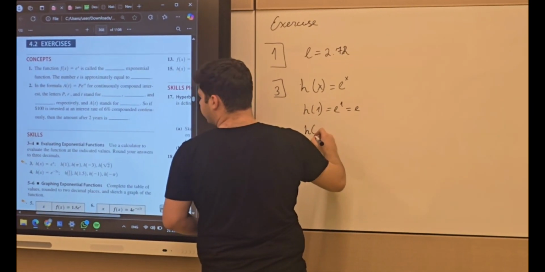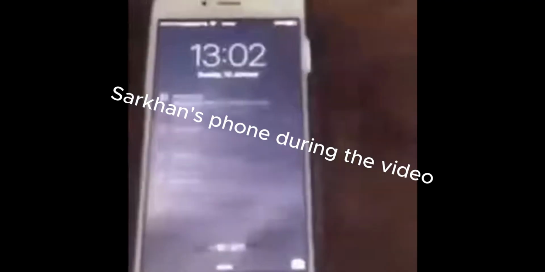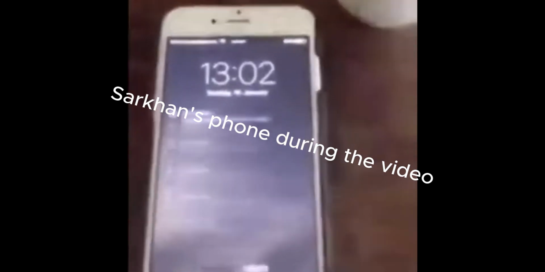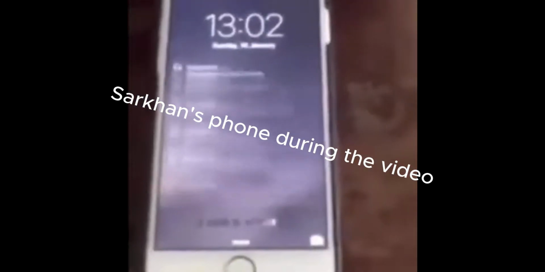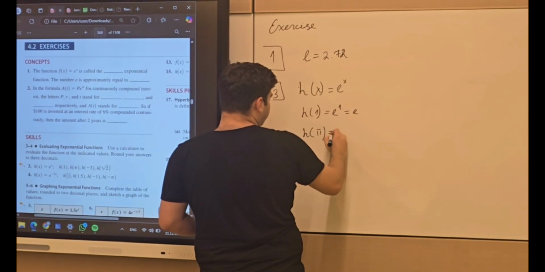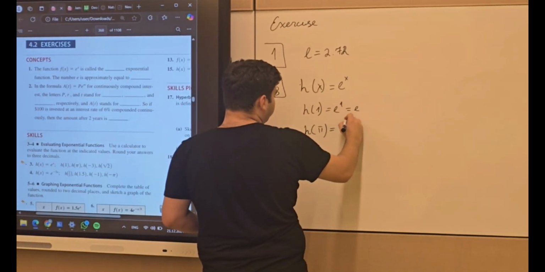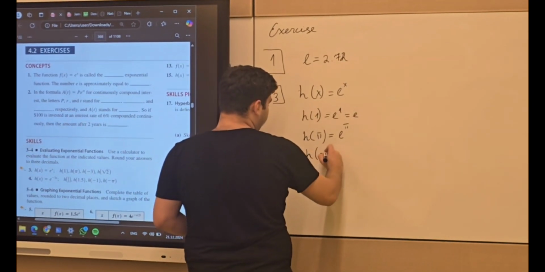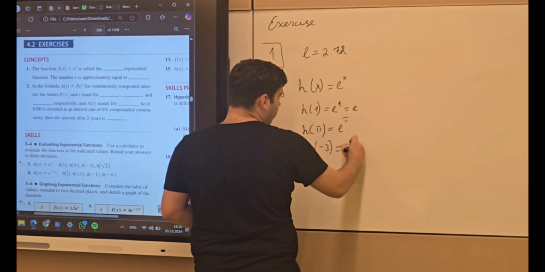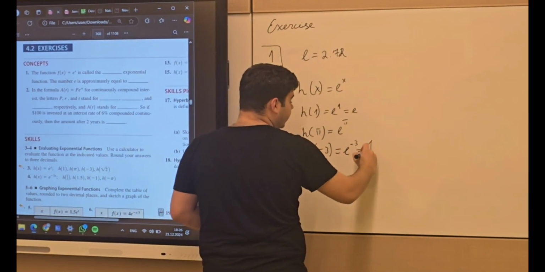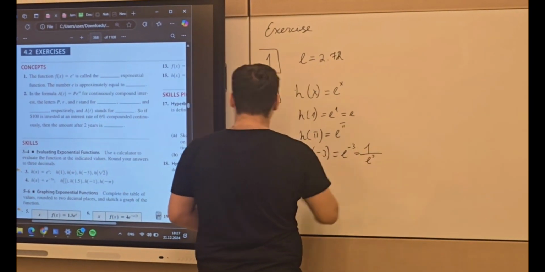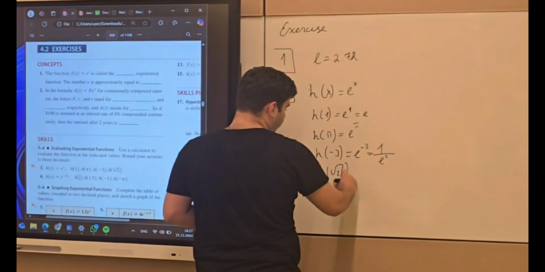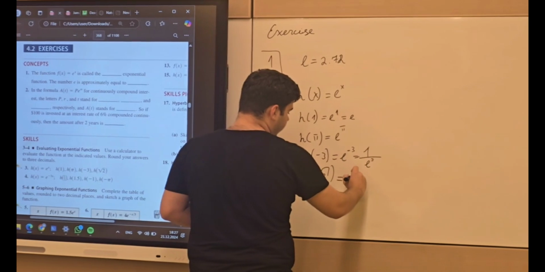In the second part, it will be h of pi, and it will be e to the power of pi, and the third one will be h of -3. We will do like that, which means 1 over e cubed, and the last one is h of square root of 2. We'll write it like that.